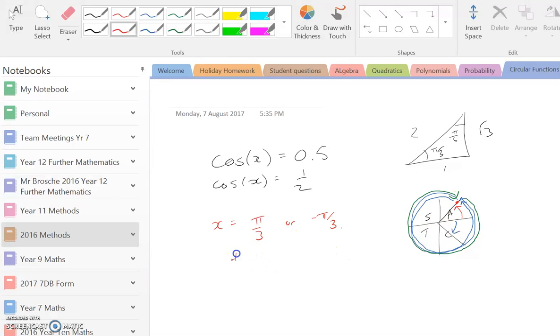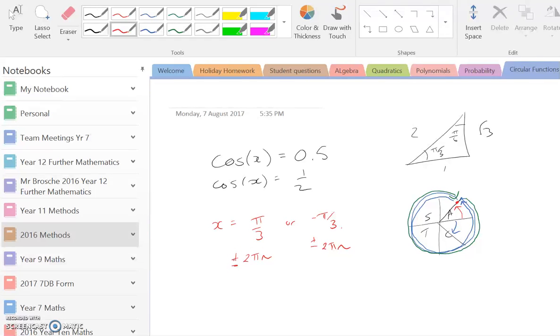So I could add some multiple of 2 pi to this one, or even subtract, plus or minus 2 pi, some multiple to that one. So let's just call the whole number n. If n is 1, I'm going around 1 full revolution, so 2 pi. If n is 2, I'm going around 2 full revolutions, or 4 pi.